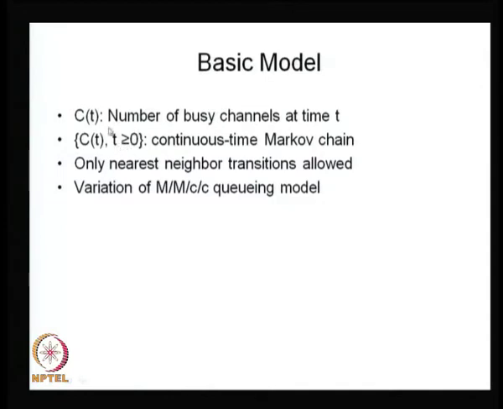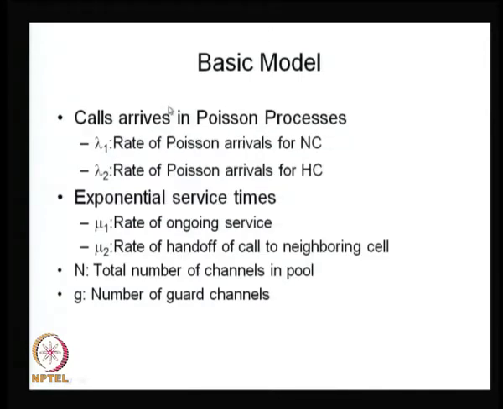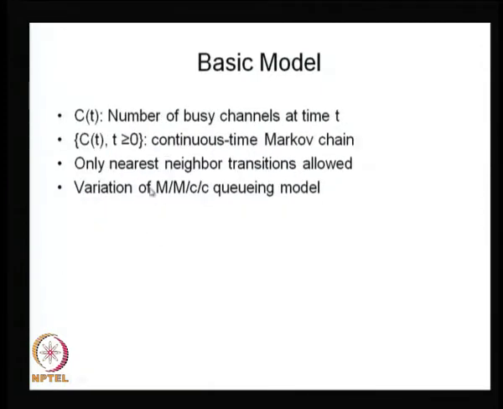Over t, that is a stochastic process, and since it is the number of busy channels, it is a discrete state continuous time stochastic process. With the assumptions we have discussed in this slide, the stochastic process will be a continuous time Markov chain.